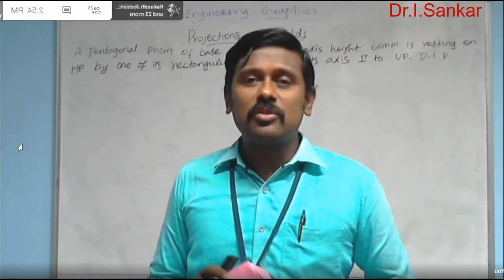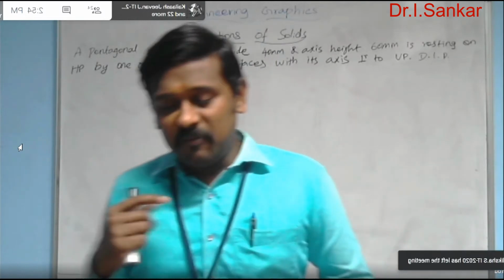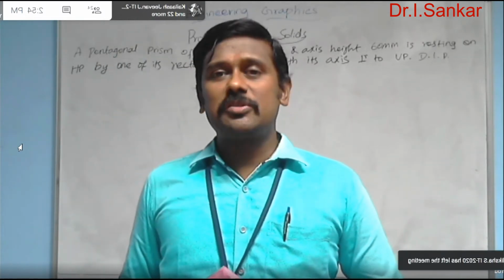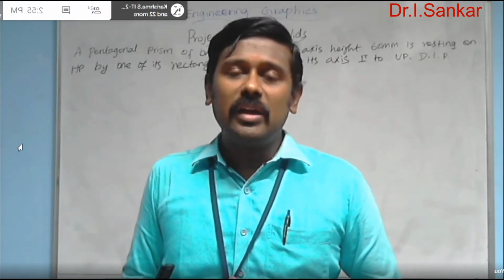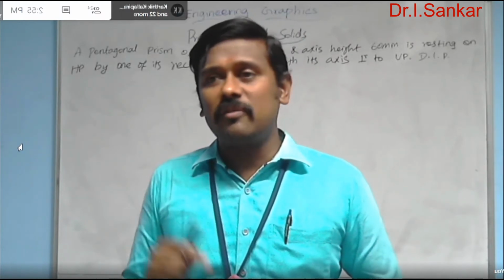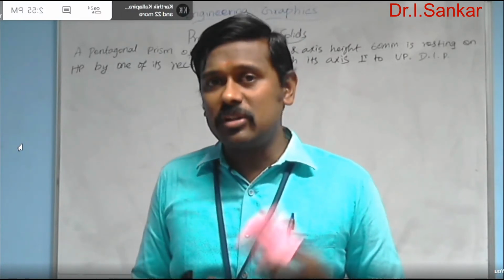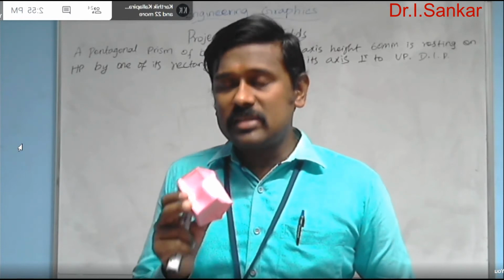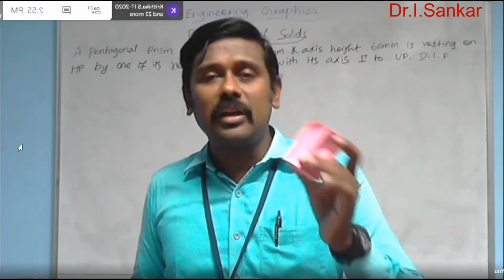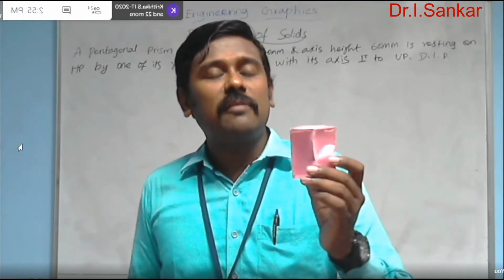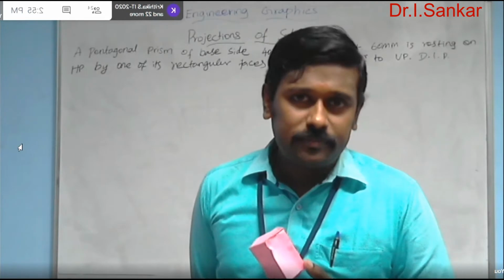Again it is going to resting on HP by which it is resting. In the previous questions, clearly with which parts of the body the object is resting on HP or VP will be clearly mentioned. But in this question you can see that it is resting on HP by one of its rectangular faces. It is actually a pentagonal prism where you can find a rectangular face in it.